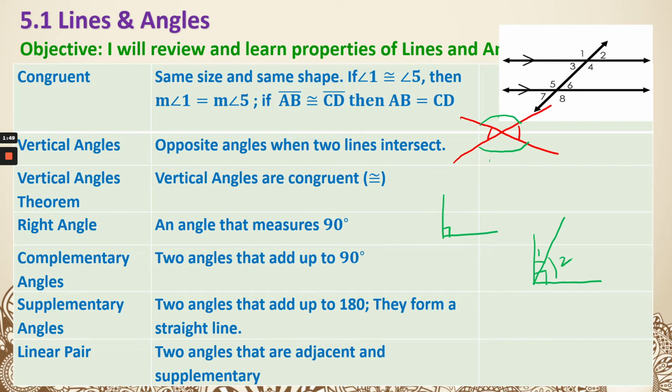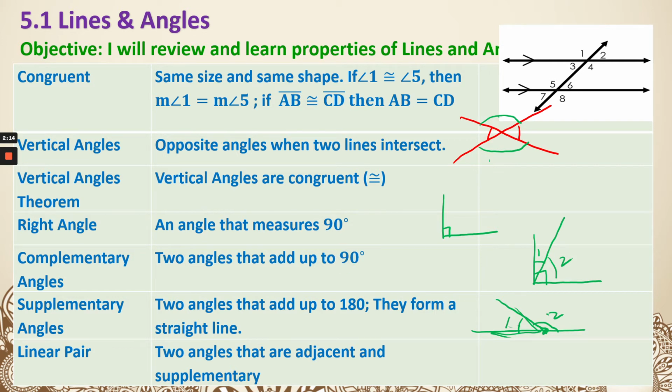So let's say we have angle 1 and angle 2. They form a straight line. They add up to 180, so they are supplementary. They're also called linear pairs, two angles that are adjacent and supplementary. So 1 and 2 are adjacent and supplementary, so they are a linear pair.